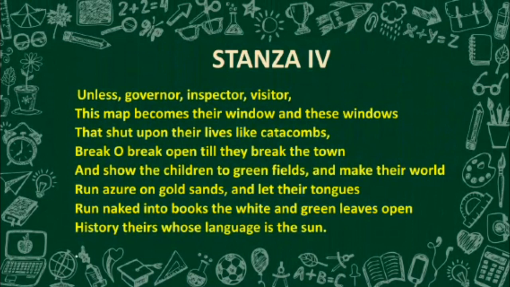So the poet says that unless this map becomes their window and these windows that shut upon their lives like catacombs break open, these restrictions must be broken till they break the town, before they break the town or they get engaged in antisocial activities.